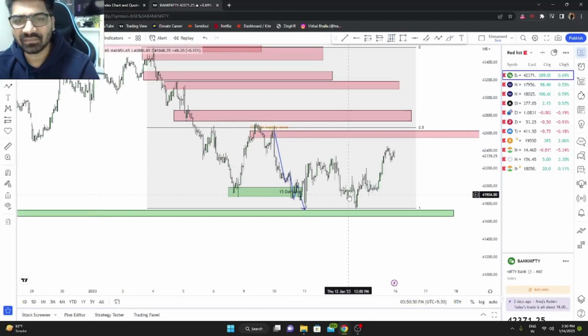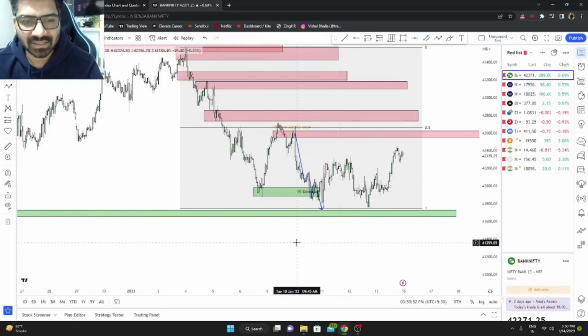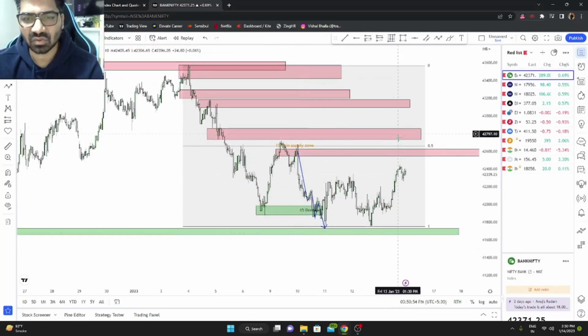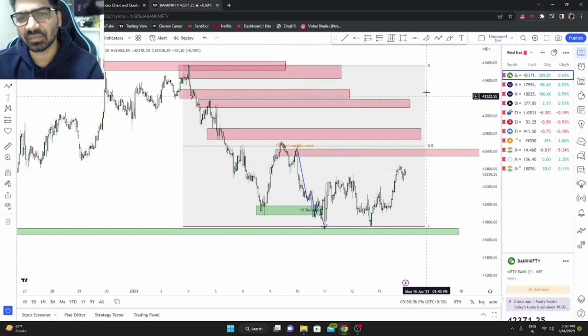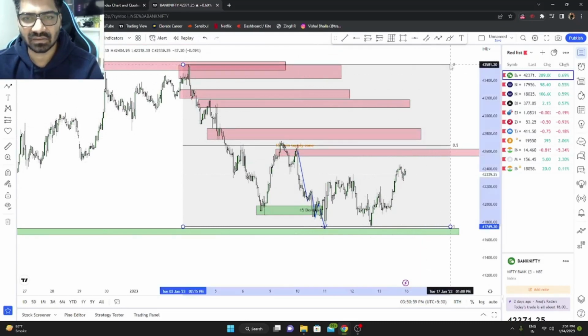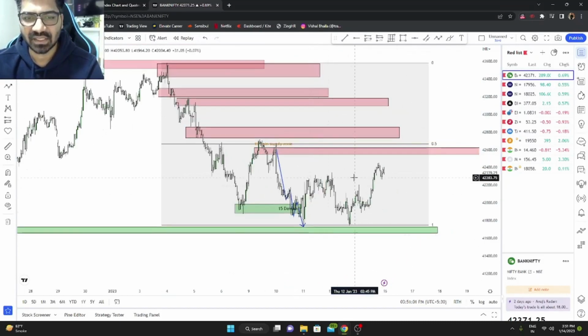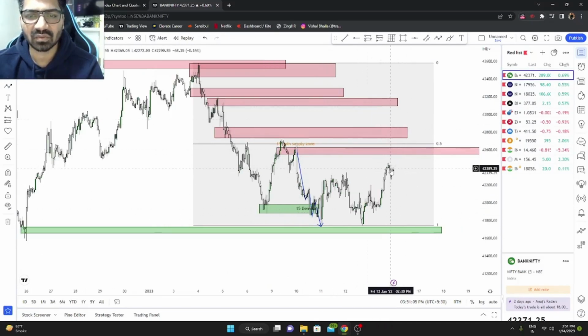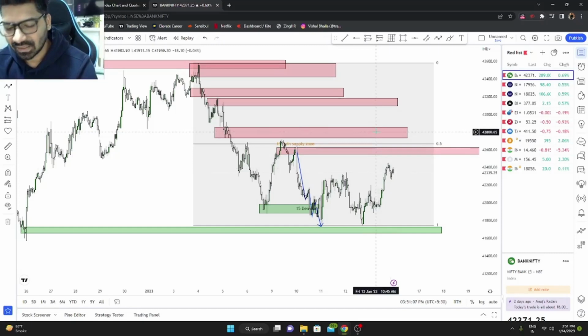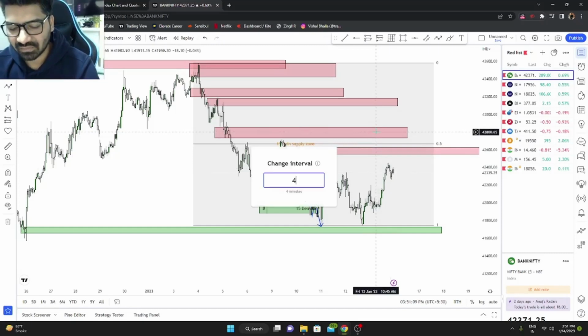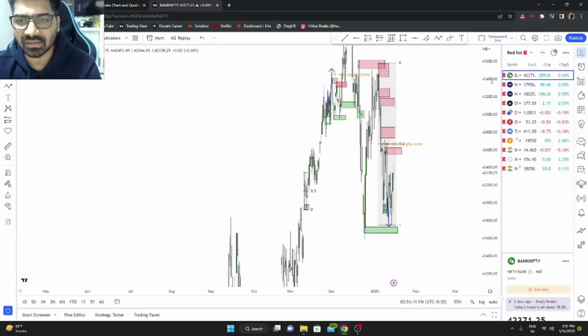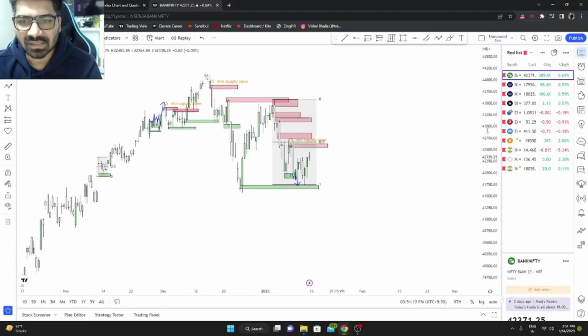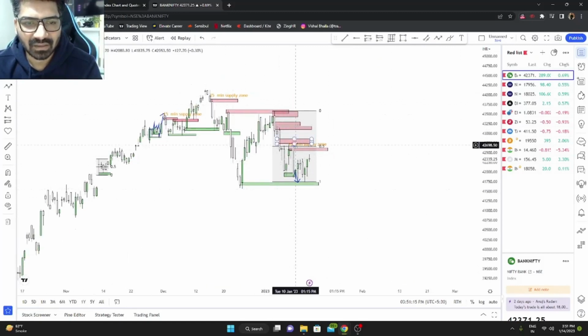Right now here we are not looking for any kind of selling. We will wait for the prices to retrace somewhere into the premium area, and then we'll look for shorts. Right now we can plan for whatever buys we are getting, but that will be a counter trend trade, because in the 4 hours we are in a bearish trend right now. This is consolidation basically, but we are in a downtrend.